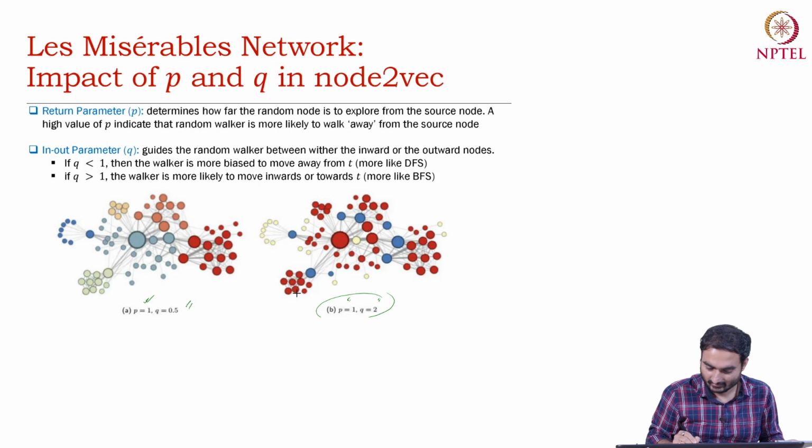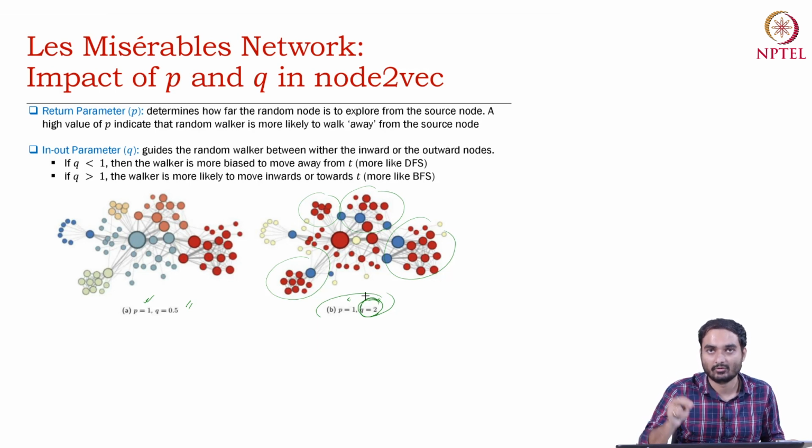In this setting you are essentially capturing different clusters because you are allowed to move further, because of this high Q value, which gives a low 1 by Q, compared to this one.